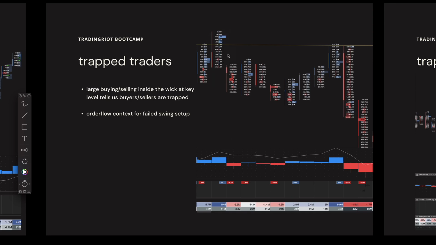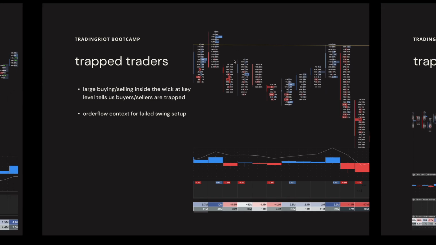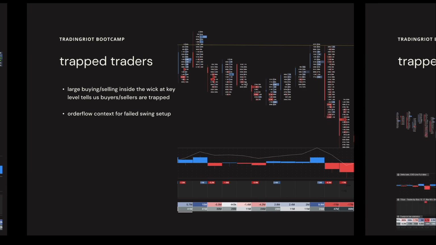You need to know what size is actually a large size, because if you don't, you will just think everything is a large size because there was this kind of failure in the swing and some small size executed here. But if you would then have more buying happening here and stuff like that, this can easily go against you. So you really want to be looking at these clean setups, observe your markets and stick to these.